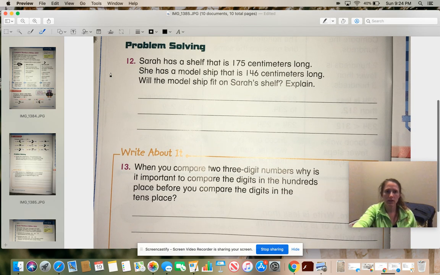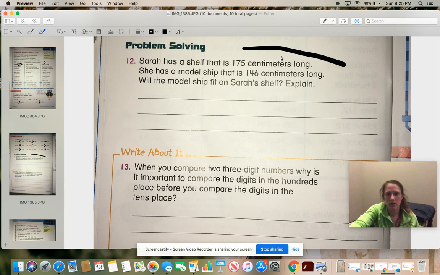Let's go down. Sarah has a shelf that is 175 centimeters long. She has a model ship that is 146 centimeters long. Will the model ship fit on Sarah's shelf? Explain. So her shelf is 175 centimeters long.